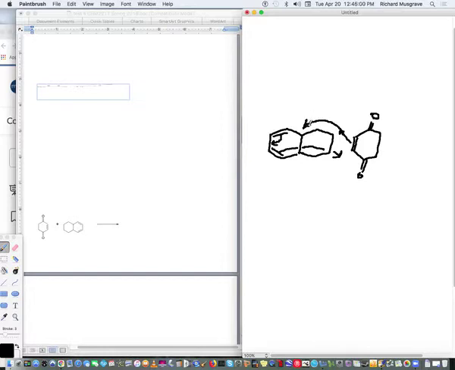Maybe just draw it like that. But the C's that are going to join together, these black C's here.